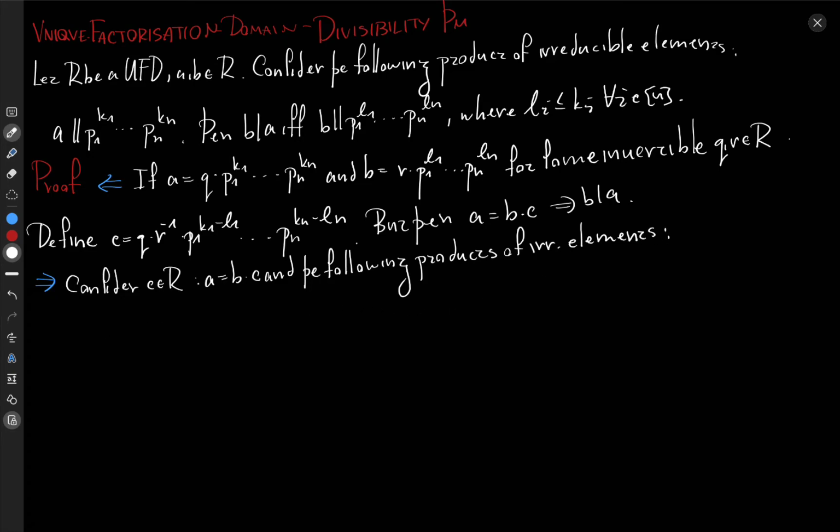Right, and we have B is associated with Q1 to S1, all the way to QU to SU. And we have C associated with R1 to T1, all the way to RV to TV.